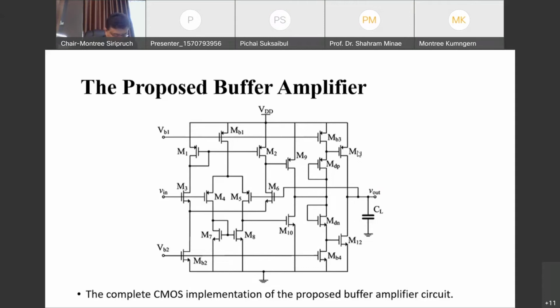Now, if M11 is off and M12 is on, the output signal through CL will go through this NMOS transistor to ground, and CL will be discharged. So the currents flowing through M12 and M11 are very important because these two currents will charge and discharge the output capacitor.